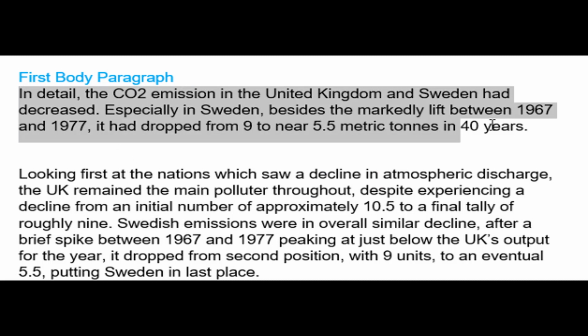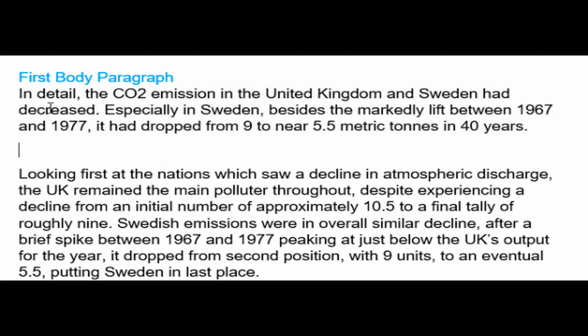So here are the original sentences. In detail, the CO2 emissions in the United Kingdom and Sweden had decreased, especially in Sweden. Besides the markedly lift between 1967 and 1977, it had dropped from 9 to nearly 5.5 metric tons in 40 years.